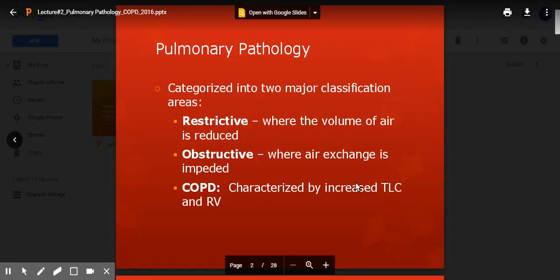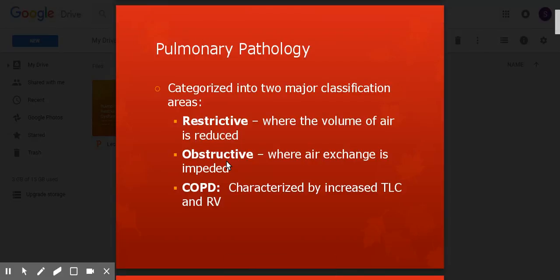One of the hallmarks of obstructive pathology is COPD, chronic obstructive pulmonary disease, which is characterized by an increased total lung capacity and an increased residual volume. What you see with COPD is a buildup of secretions, inflammation of the airway lining, bronchial tone or spasm, and a weakening of the support structure of the airway walls, preventing air exchange.